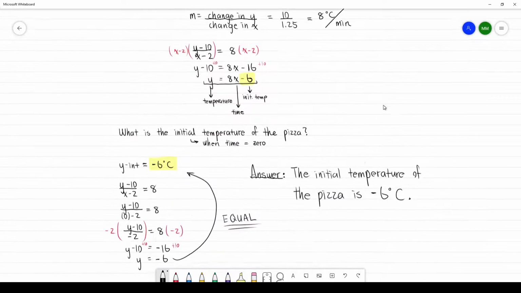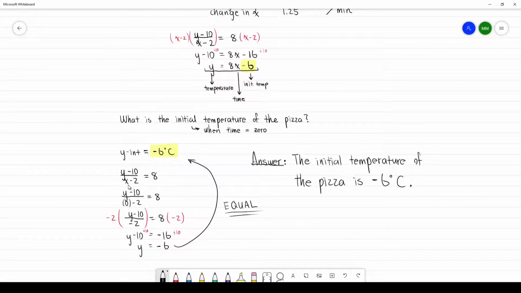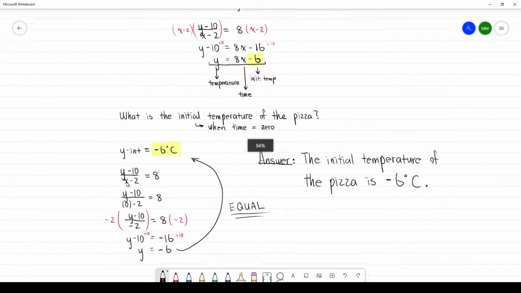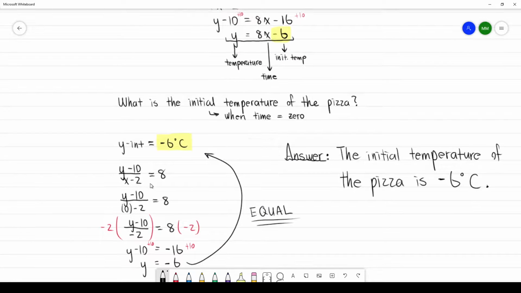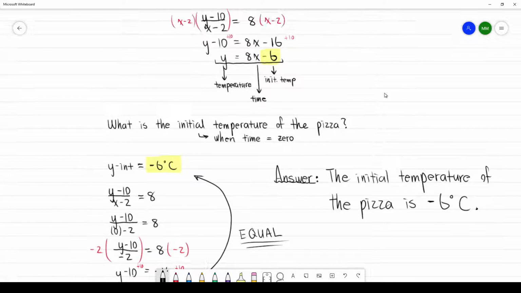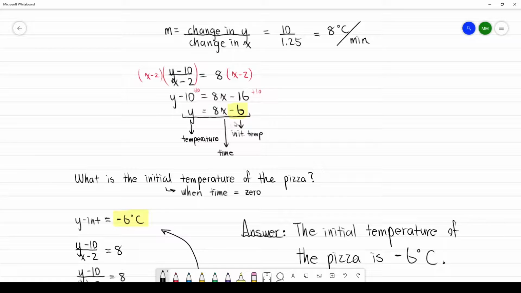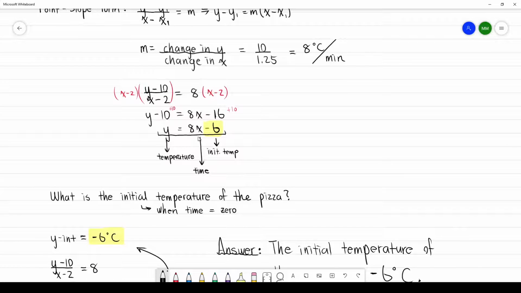But actually, you would not want to plug in 2 over here because you get 2 minus 2 is equal to 0. So you have to move it over. So this form, plug it into here. So plug in 2, so what's the temperature at 2 minutes? 8 times 2 is 16. 16 minus 6 is just 10. So the temperature will be 10.